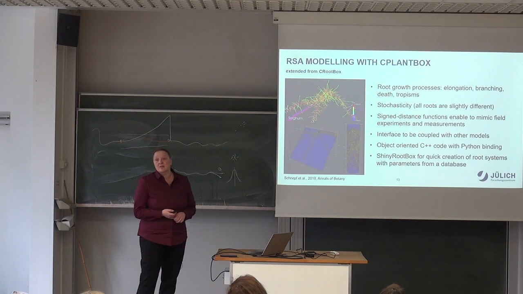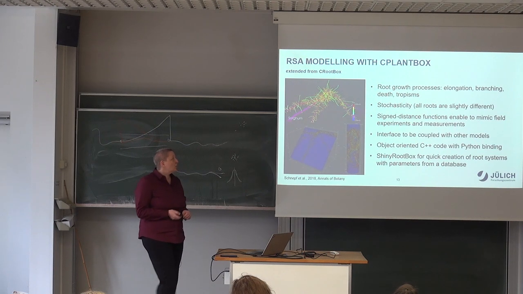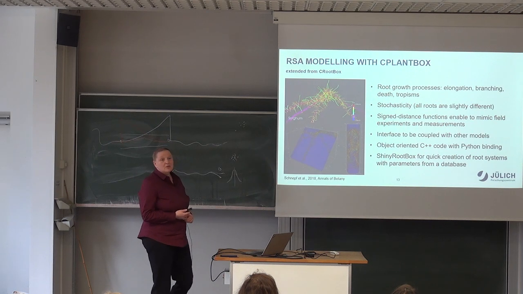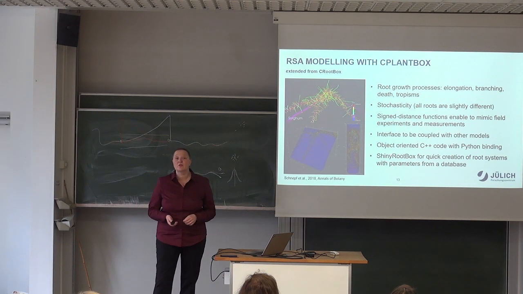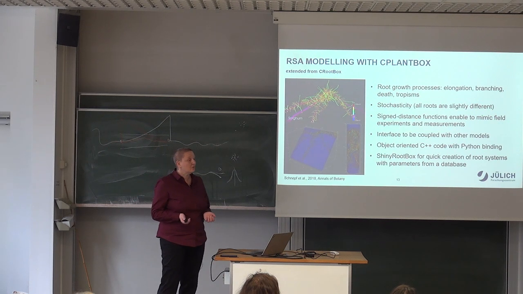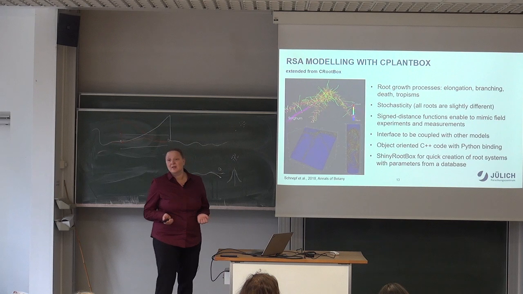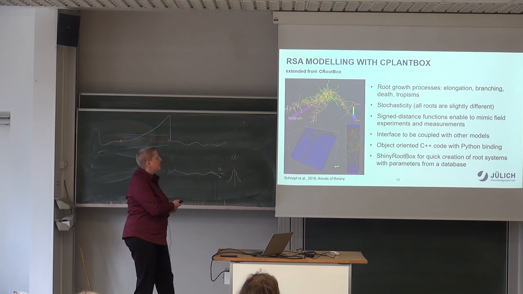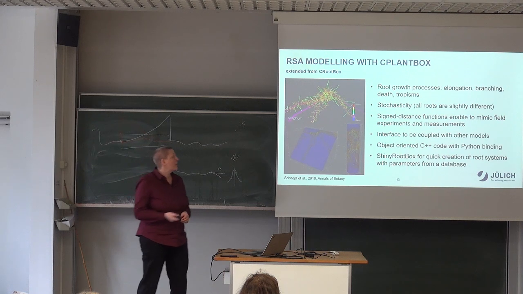The model is stochastic. That means all roots that are simulated are slightly different. And we use so-called signed distance functions to represent geometries in which the roots have to grow. And with this we can mimic, for example, field conditions or also experimental setups like here in specific containers.